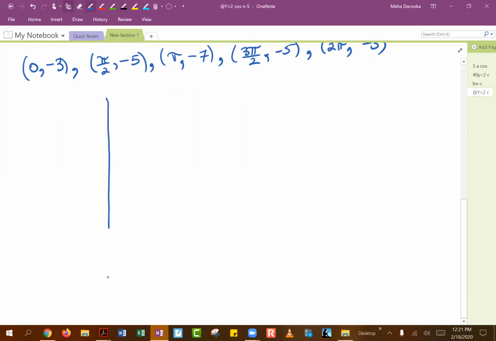And then our graph, since we're going down to -7 as our lowest point, we're going to need a longer y-axis. And maybe our x-axis somewhere over here. So let's see, +1, +2, -1, -2.